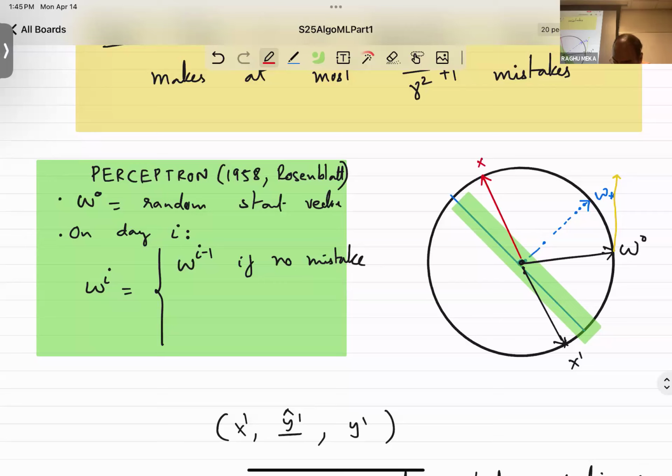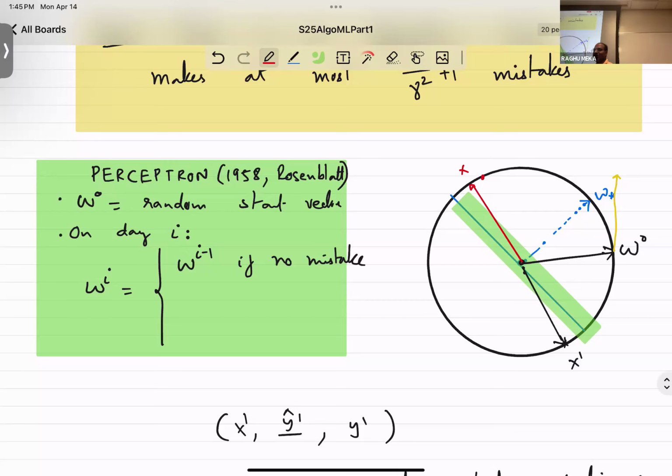Okay, what if this is my x? So the true label is positive, but I would have said negative. So I should kind of take a step along that direction. So again, it's going to push me a little bit towards W star.